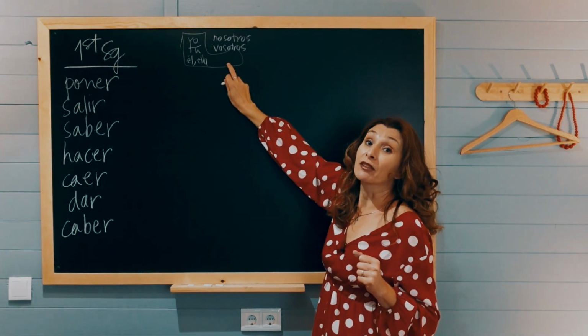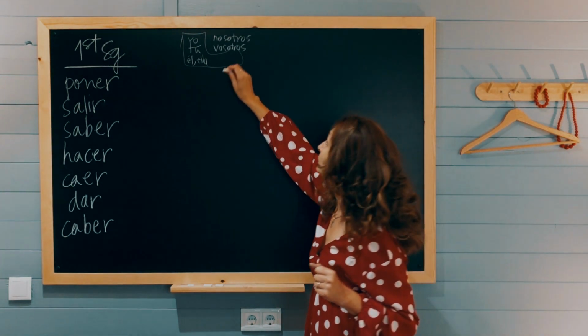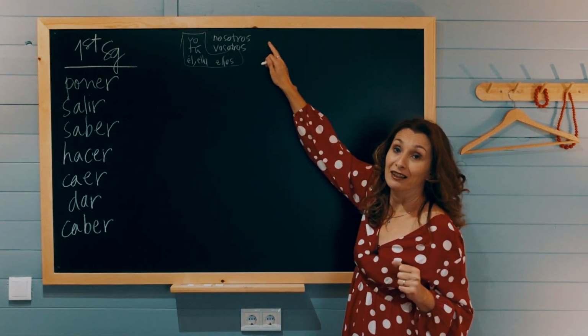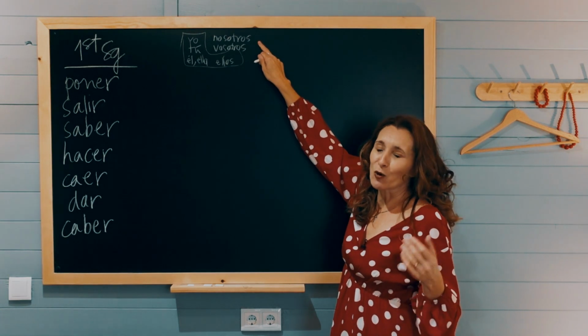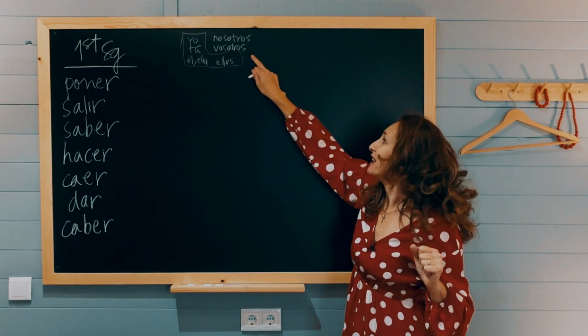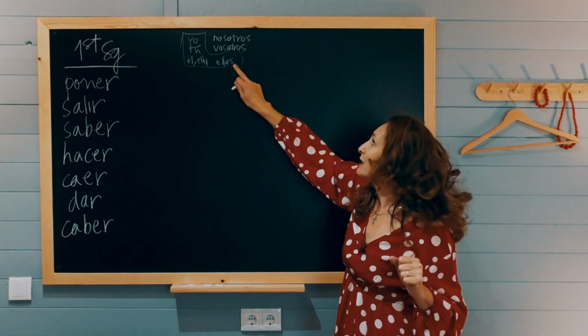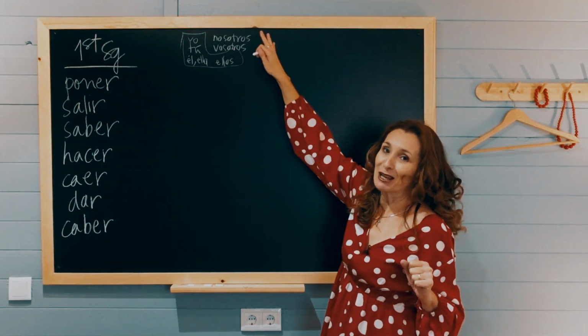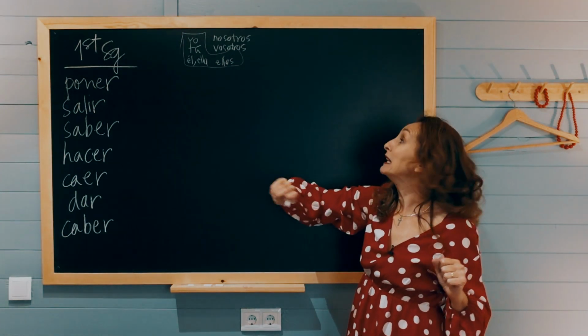And then again with the third person plural, and I'm only writing the masculine forms, so it's nosotros and of course nosotras, vosotros and vosotras, and ellos and ellas. But okay, just to make it simple, I gave you examples of masculine pronouns only.